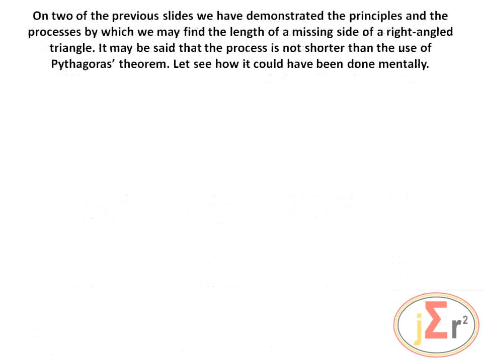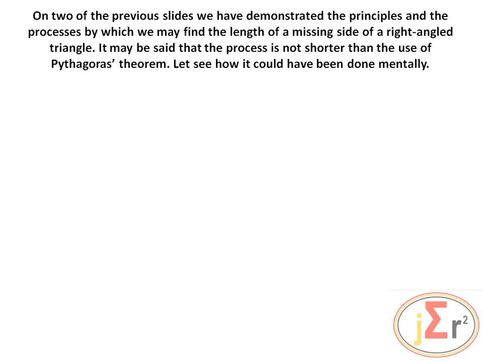On 2 of the previous slides, we have demonstrated the principles and the processes by which we may find the length of a missing side of a right angled triangle. It may be said that the process is not shorter than the use of Pythagoras Theorem.